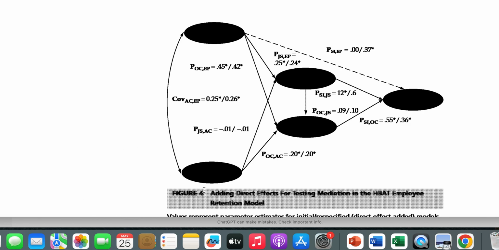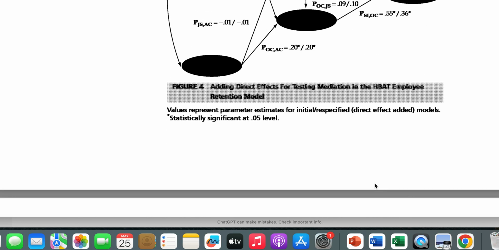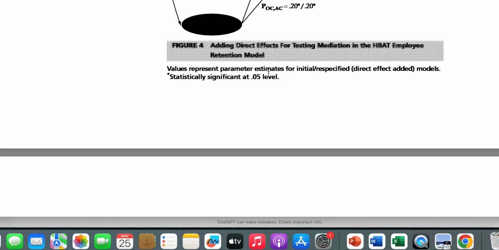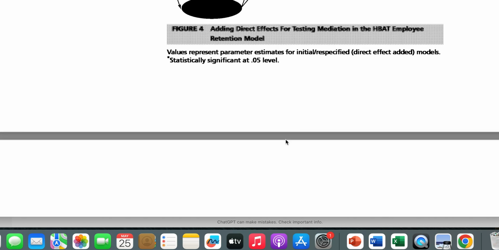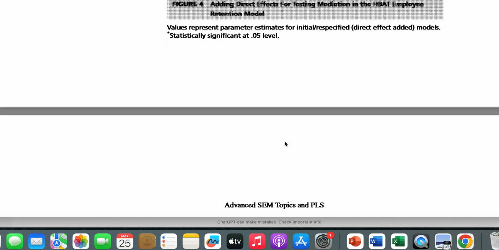This is figure 4. Here there is no direct effect between these constructs. Here is the mediation and moderation effect. Values represent the parameter estimates for the initial and respecified direct effect model, statistically significant at the 0.05 level.